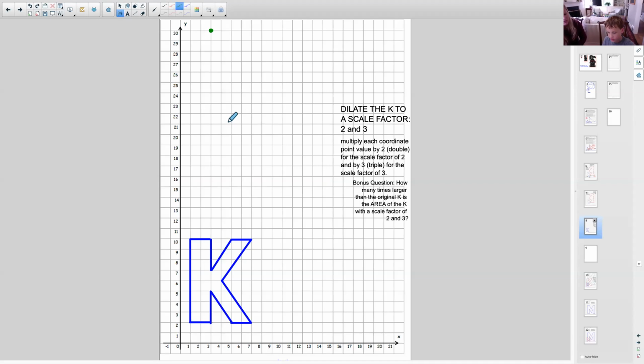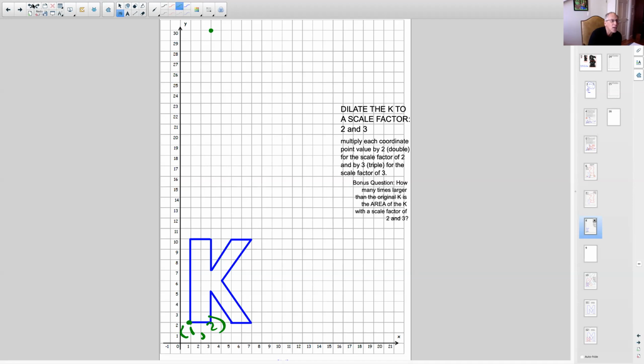Now, we are going to go to that point 1, 2, but we have to triple it. What happens when we triple the 1? What do we get? 3. What happens when we triple 2? What do we get? 6.